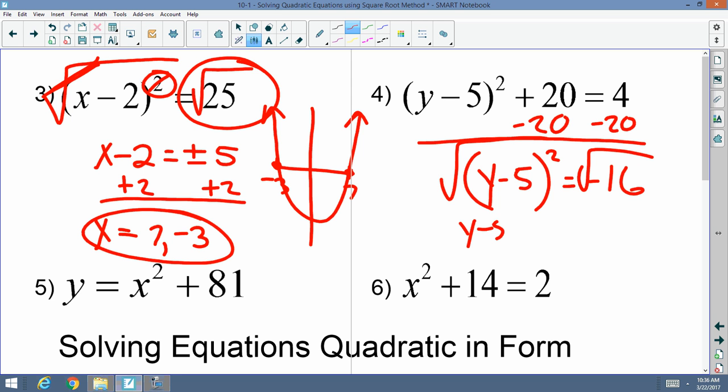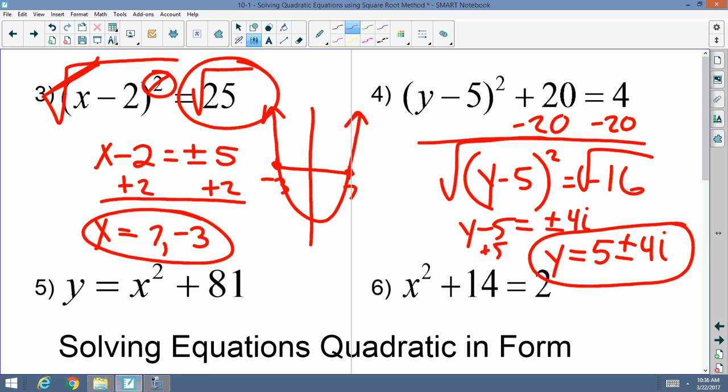We got y minus 5 equals plus or minus 4i. Add the 5 to both sides. Y equals 5 plus or minus 4i. You have 2 solutions there, guys. They're not real, they're complex. You have 5 plus 4i and 5 minus 4i. So yes, we can work with complex solutions. I forgot that we've already learned that. Does that make sense, gentlemen?